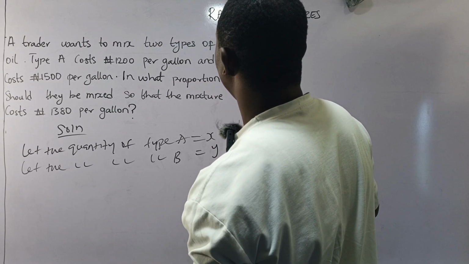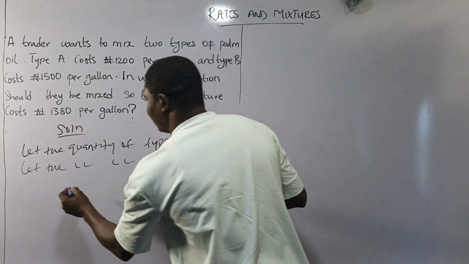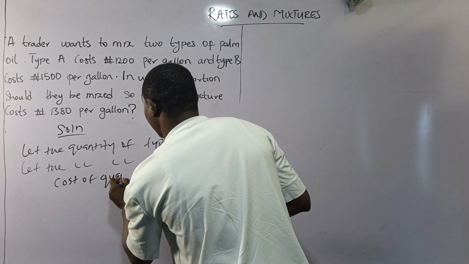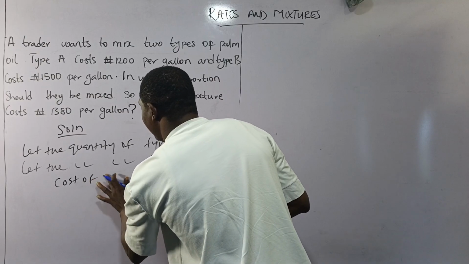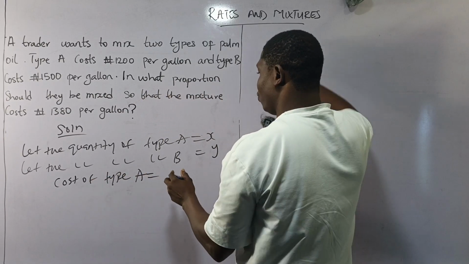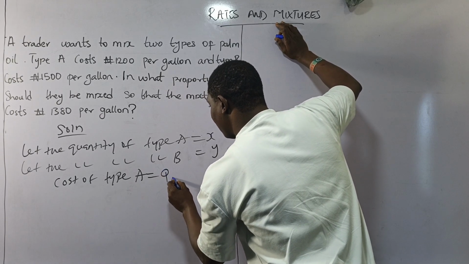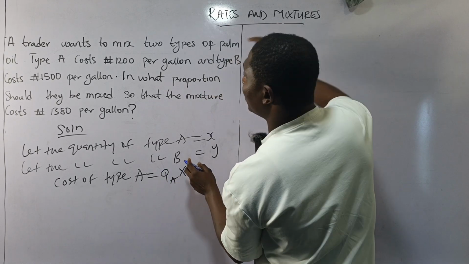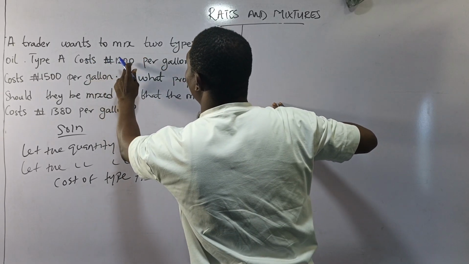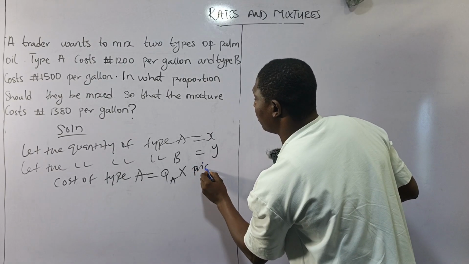Now, the cost of type A will be equal to the quantity of type A times the price per gallon, or amount.